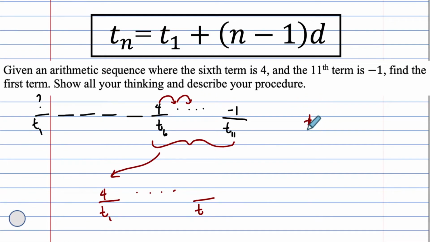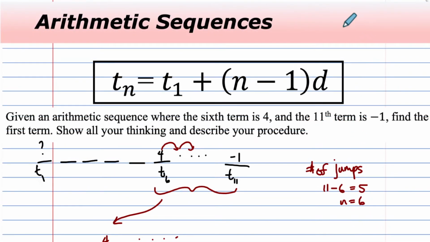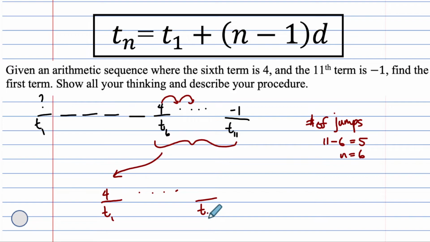So the number of jumps comes from 11 minus 6, which is 5. So 5 jumps actually means n is 6. And if you don't remember that from a previous question, make up a smaller sequence off to the side to prove it to yourself. N is 6 here.